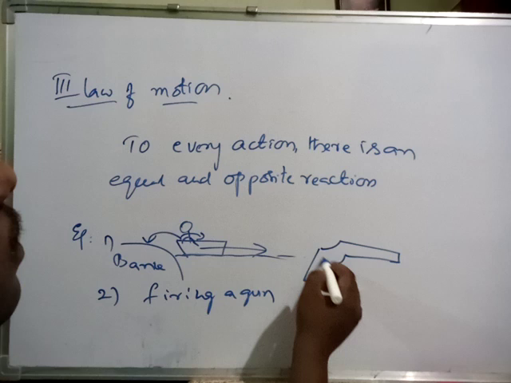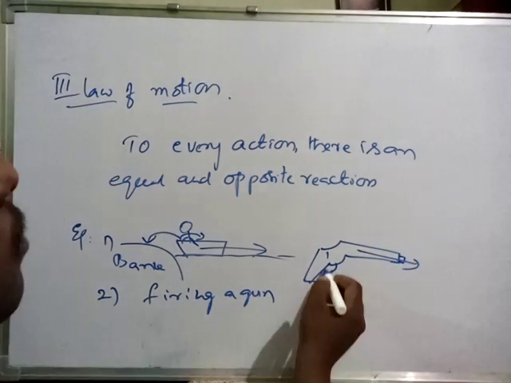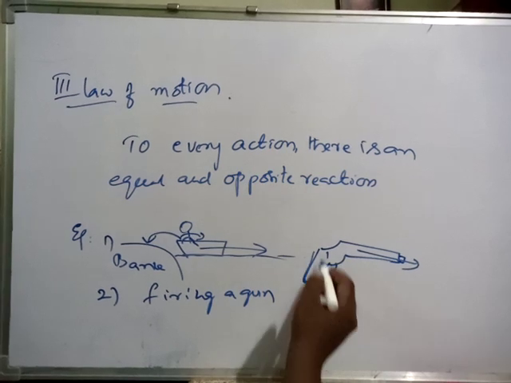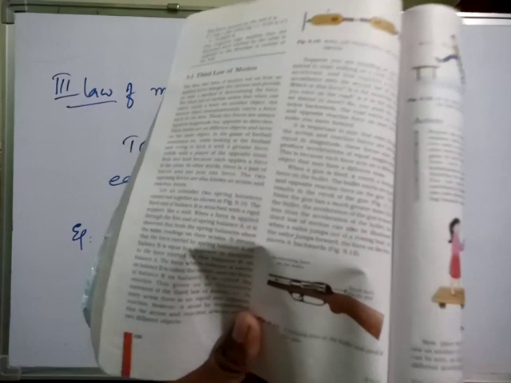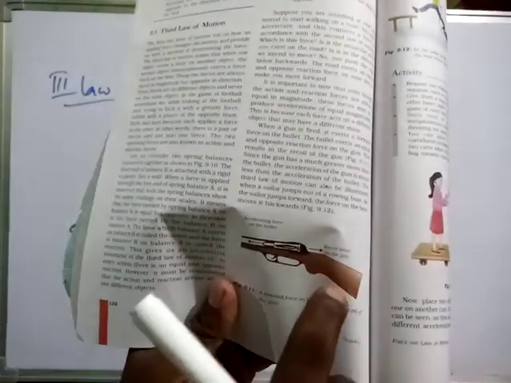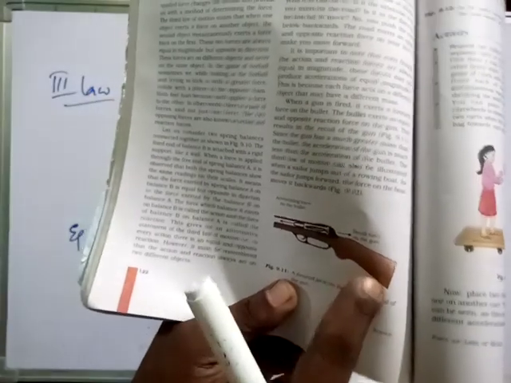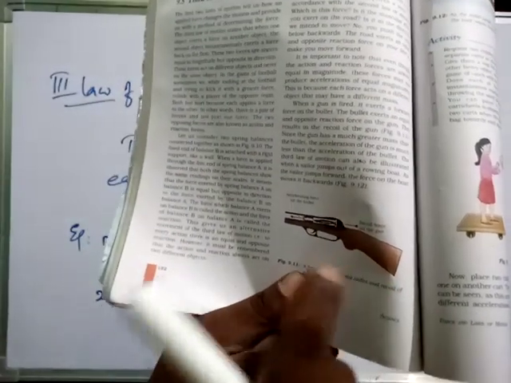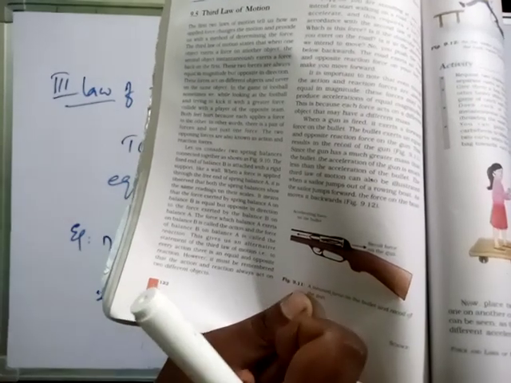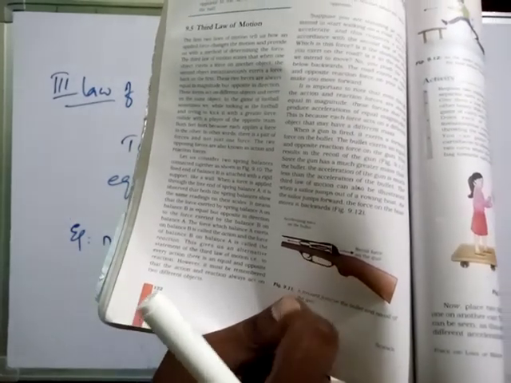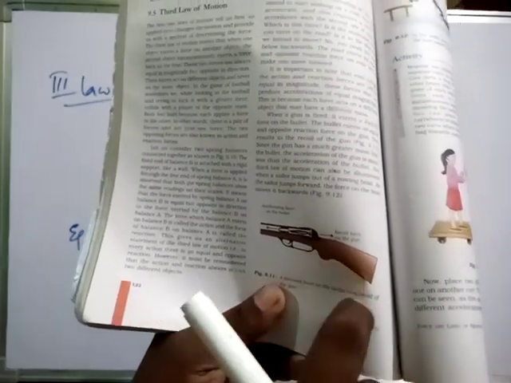Here the bullet goes in this direction, but here this trigger part is there, and this will be held very tightly onto the shoulder. After firmly holding only, the trigger will be pressed, the button will be on. Is it or not? Okay, so in this case so much force will be exerted in the backward direction.